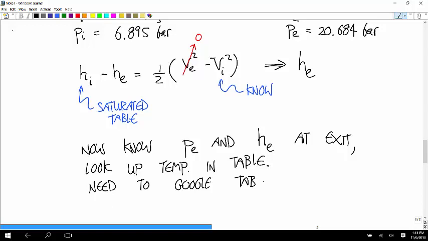But you need to find one that has this specific enthalpy and this pressure. We found one.